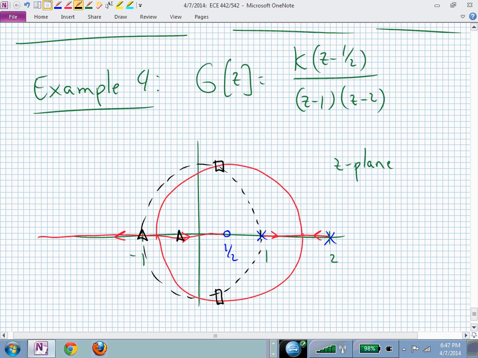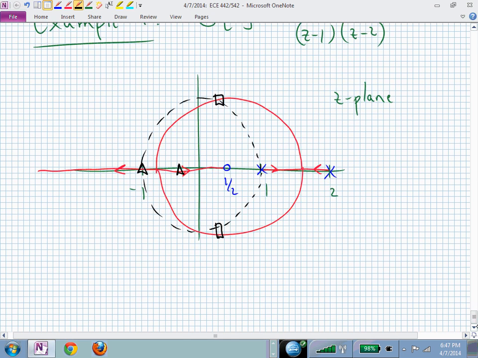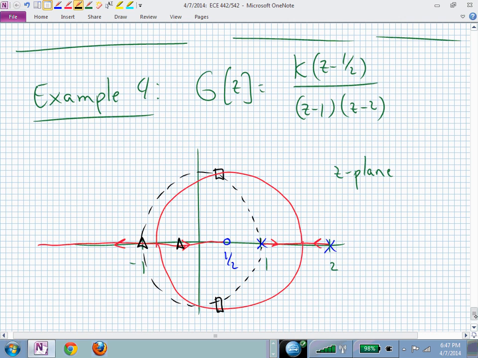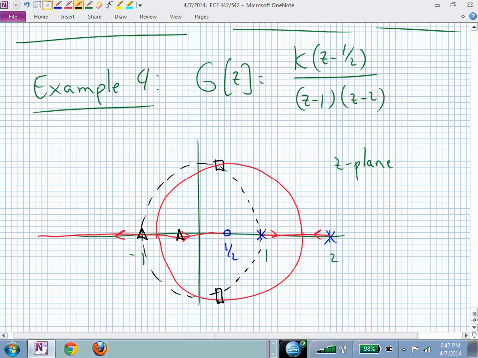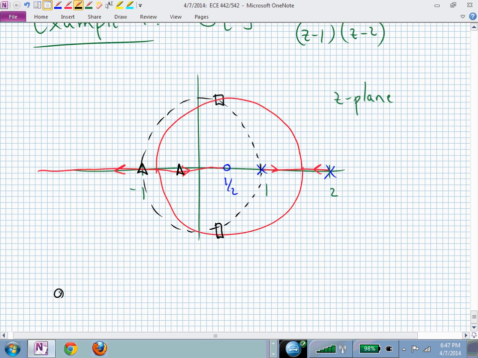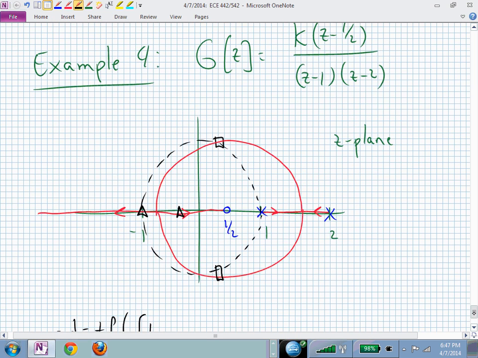I'll have to pick up at this point. But if you really want to do this, you know how to enter that transfer function in MATLAB. Let me just bore you here with one more thing. Let's say that we have this transfer function, GD. We need the numerator, which was z minus 1/2.